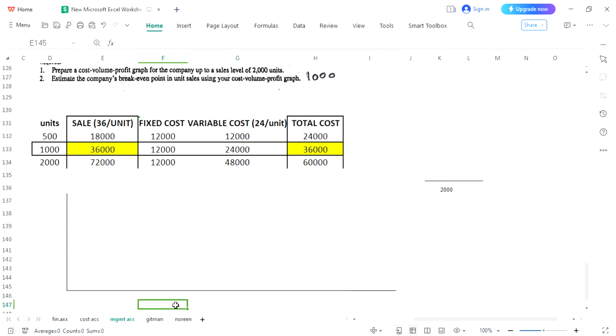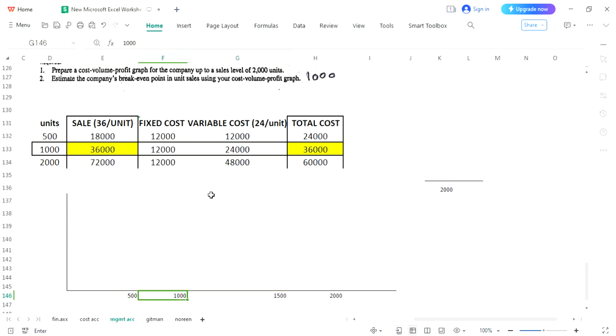On the x-axis, you will put the number of units. These are 500. So you will make a 500 table. Since they are equalized, the first line would be used to write 500, the next line 1000, the next line 1500, and then you will have 2000.